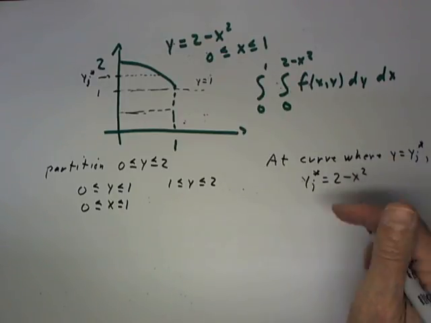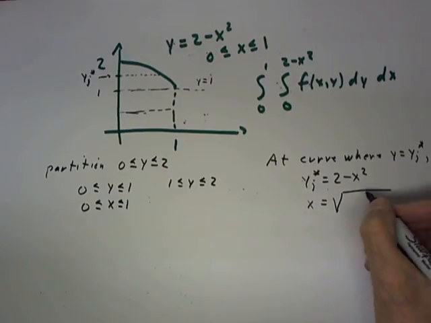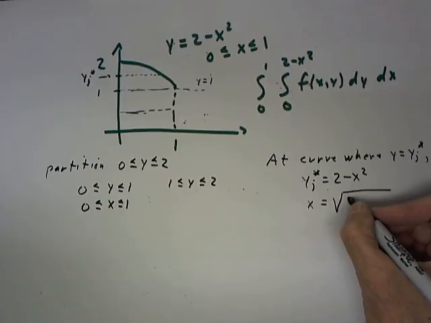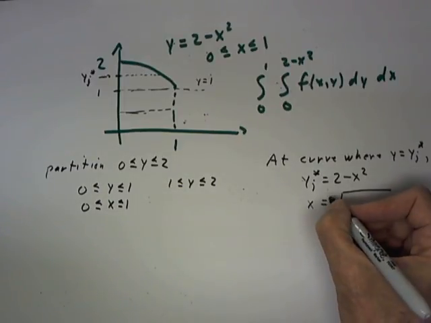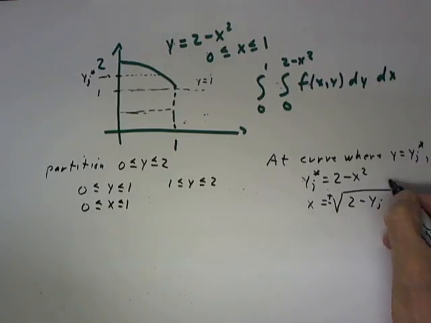Well, it's easy enough to solve that for x. We get x equals plus or minus the square root of 2 minus yj star.